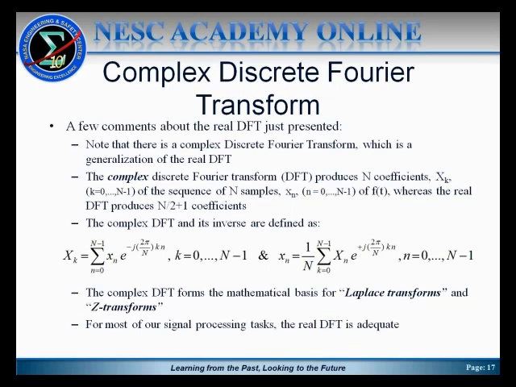And then the synthesis equation on the right, which just transforms back from the discrete Fourier transform coefficients to recover the original time sequence x sub n, is as shown on the right.